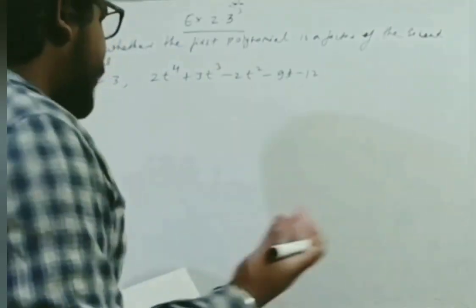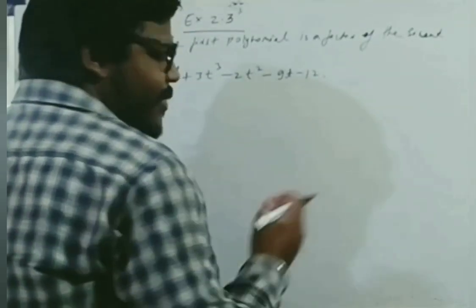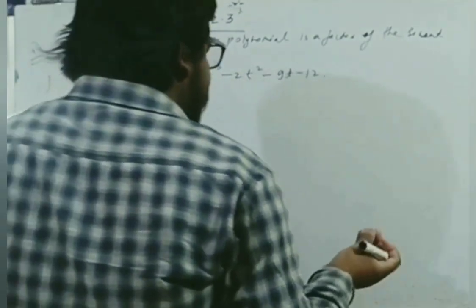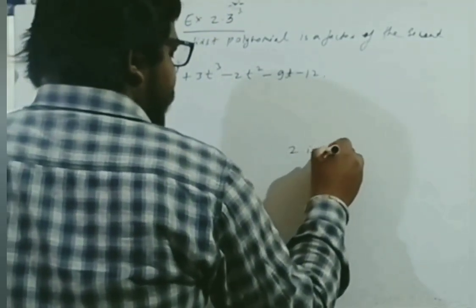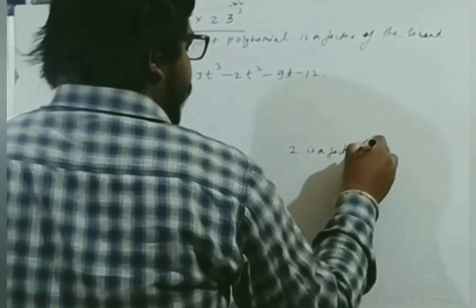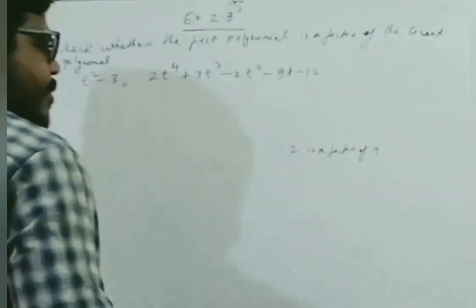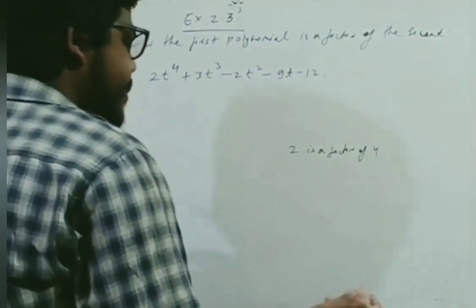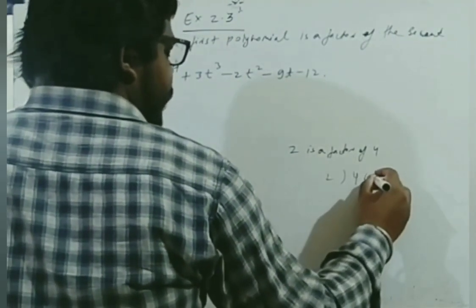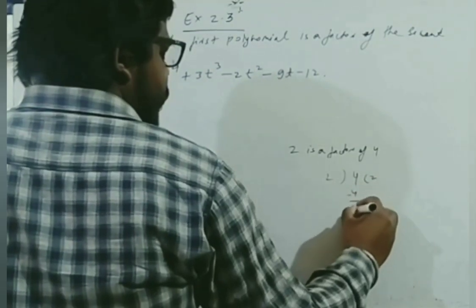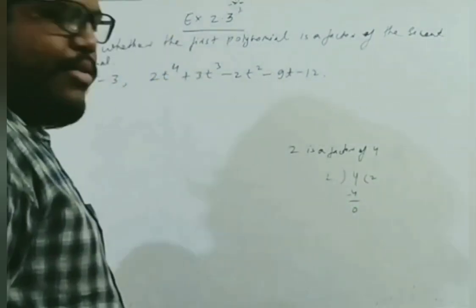So what is the actual meaning of factor? Let's first understand with a numerical example. If I say 2 is a factor of 4, what does it mean? If we divide 4 by 2, the remainder is 0.